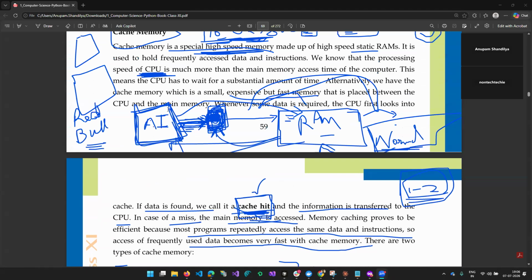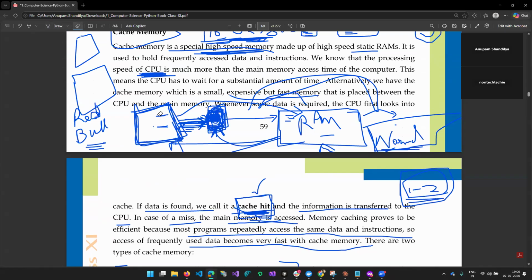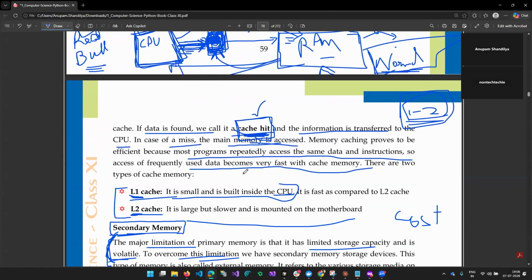Hope you remember this. This was the CPU, right? The CPU has a cache which helps in performance improvement.